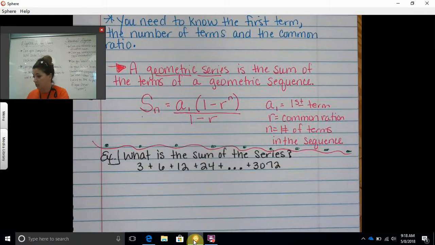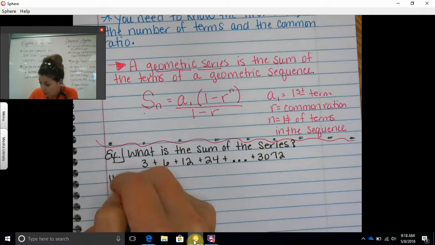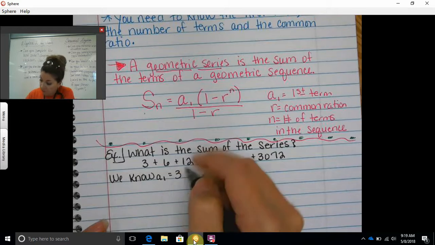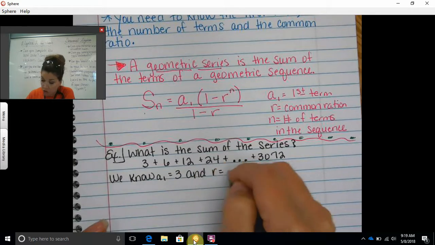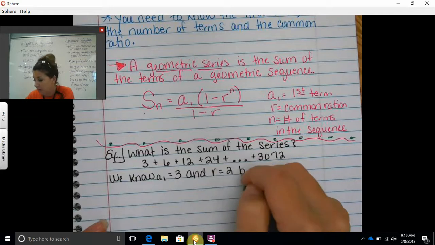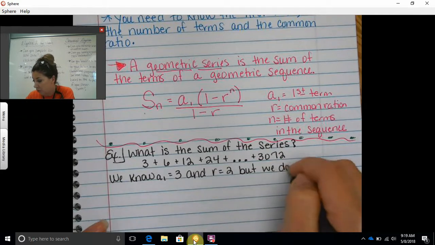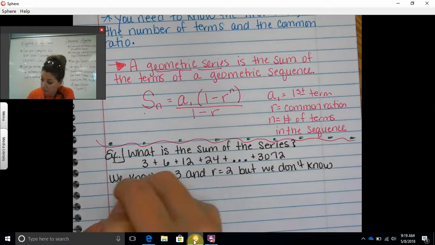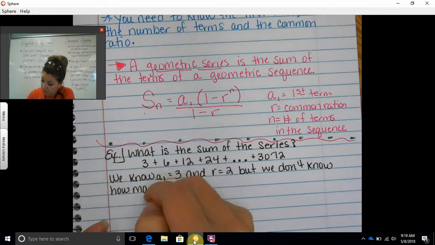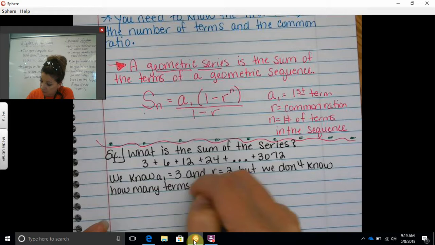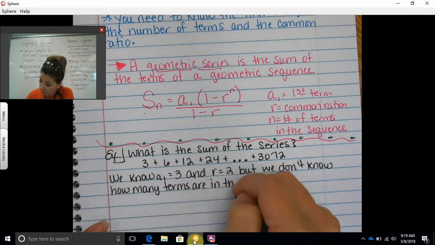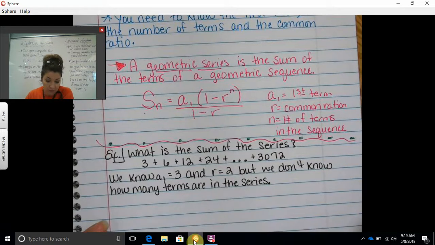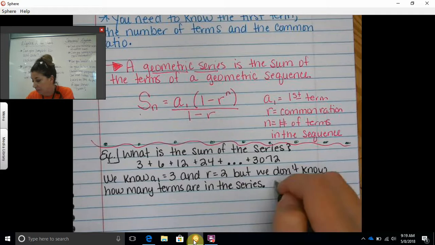So I'm going to write out a little explanation so that you have that. We know a sub 1 equals 3 and r equals 2, but we don't know how many terms are in the series. We could write them out and count them.